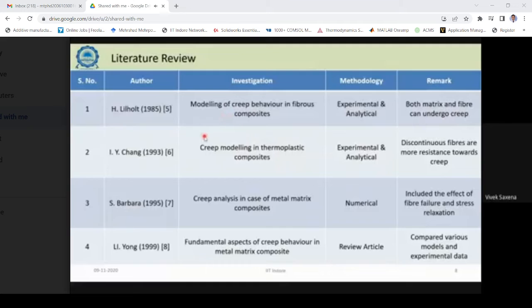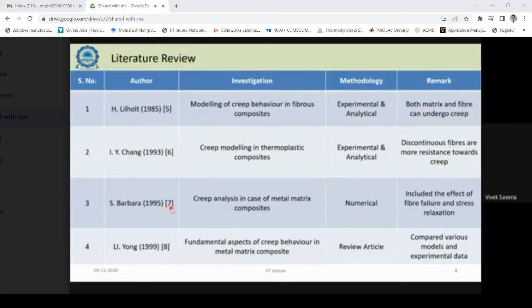His work was followed by other authors. For example, this author in 1993 extended the same investigation to thermoplastic composites, with a study based on experiments as well as analytical work, and found that discontinuous fibers are more resistant toward creep failure. So in some cases, using discontinuous fiber is more beneficial.